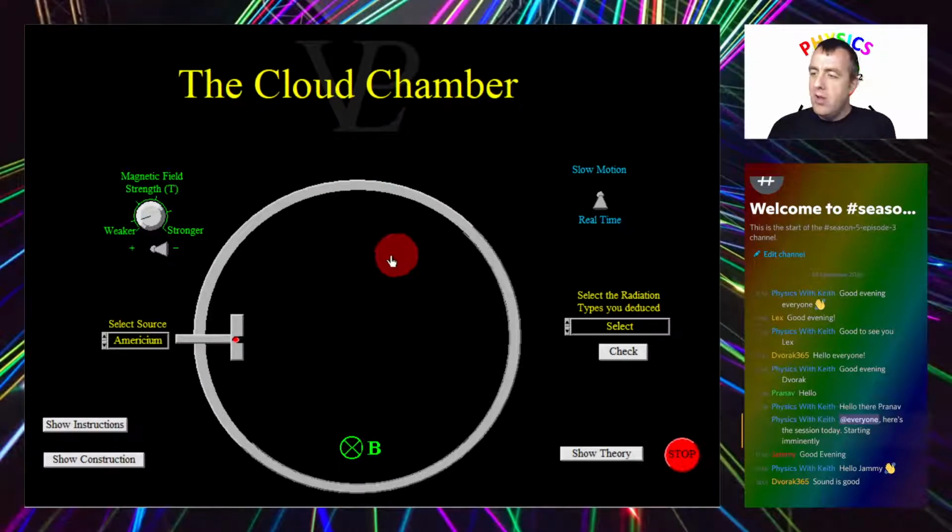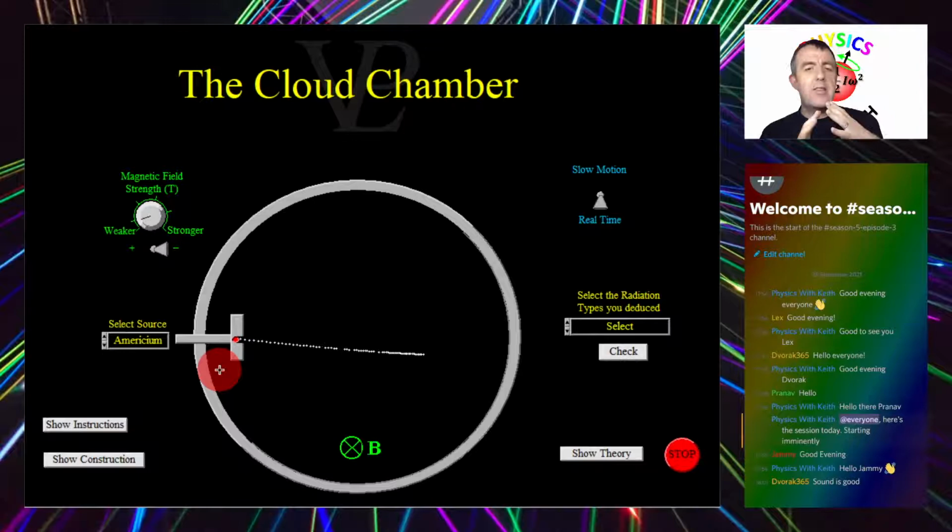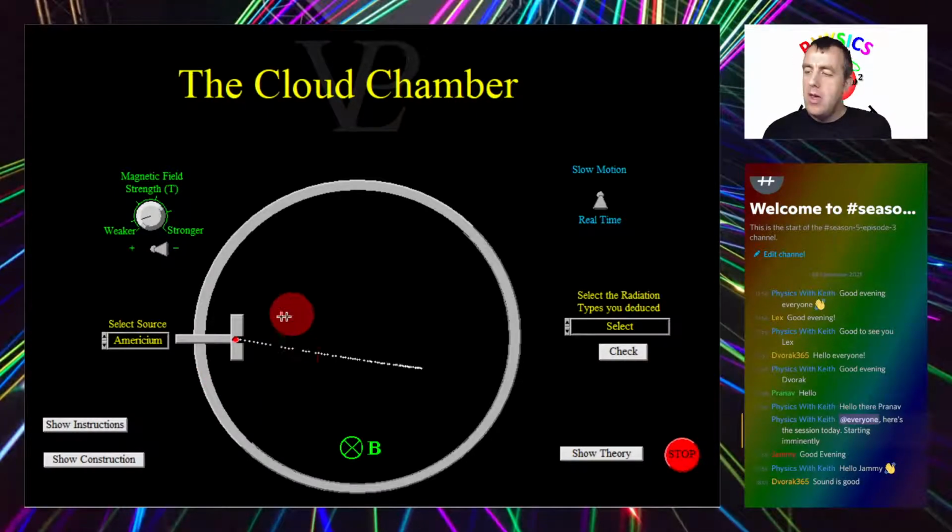Now, what you're looking at here is a simulation of a container which contains ethanol vapor, which is kept at a temperature below the usual temperature where ethanol would quickly condense into droplets of liquid ethanol. You can't see this vapor.